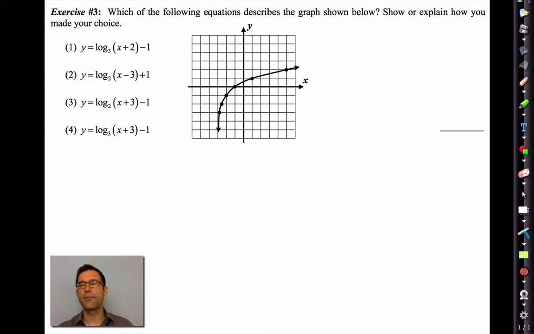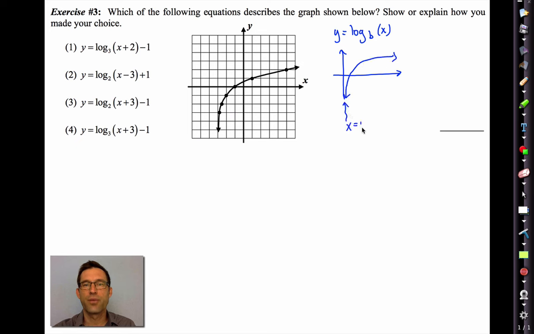All right, let's talk about it. Pretty much any logarithm graph that you need to be worried about, log base b of x, is going to look like this, where it goes vertical right here at x equals 0, right at the y-axis.